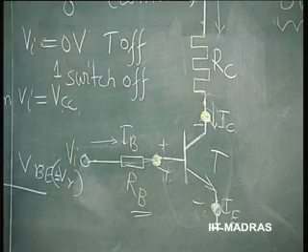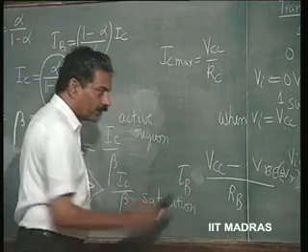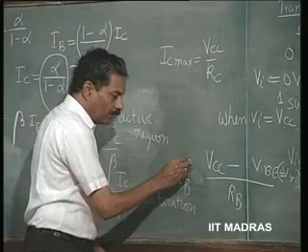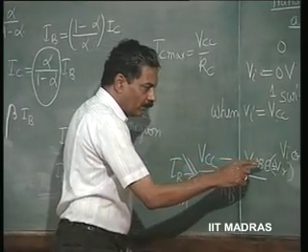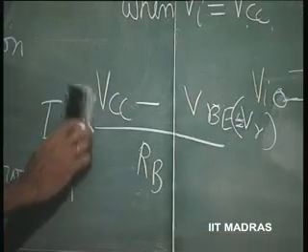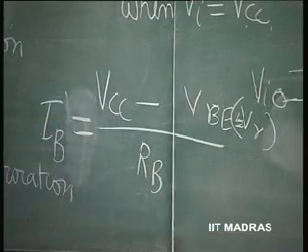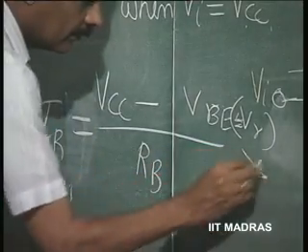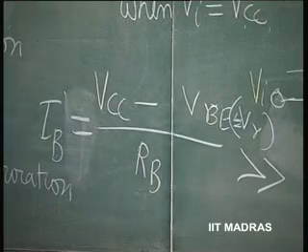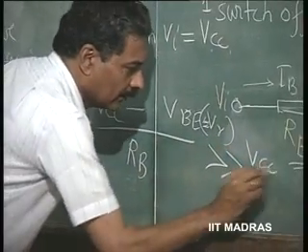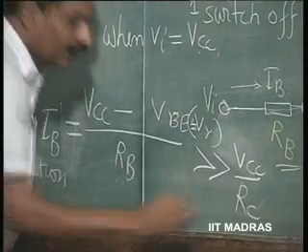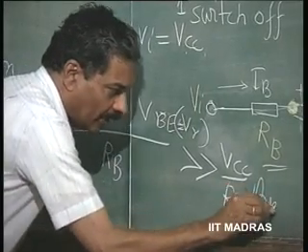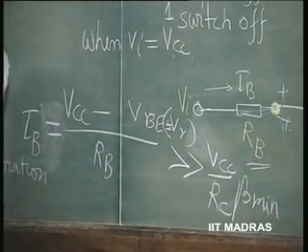That means, IB should be much greater than VCC divided by RC, that is the maximum collector current, divided by beta minimum. Now, what is this beta minimum?